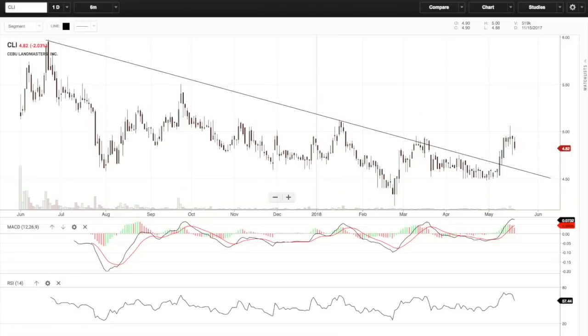You want to buy it as prices are breaking out of resistance, as close to that resistance point as possible. Why? Because when prices go wrong, and it's going to go wrong a lot of times, you want to be able to take the minimal loss as much as possible.